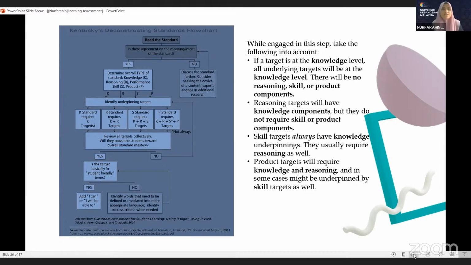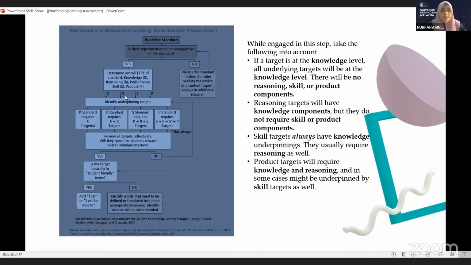First, the teacher should read the common standard, the national standard that is being set by the ministries. Then the teacher can either agree or not agree. Of course, as a teacher, if you don't agree, you can always add on other things during the classroom itself. And then you can help yourself by going through the flowchart.